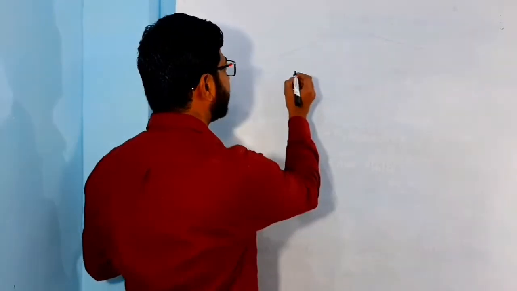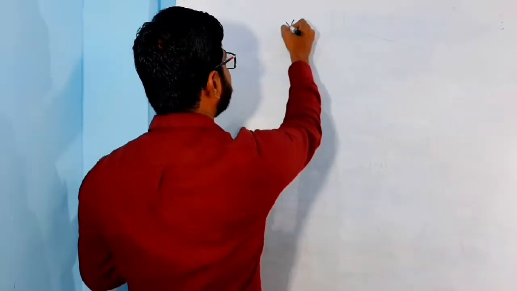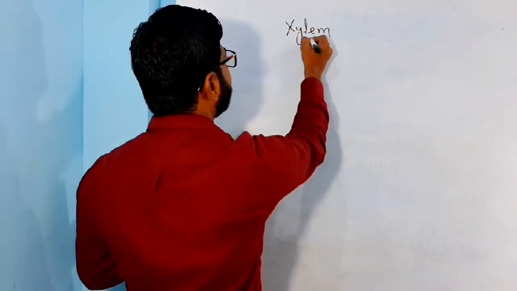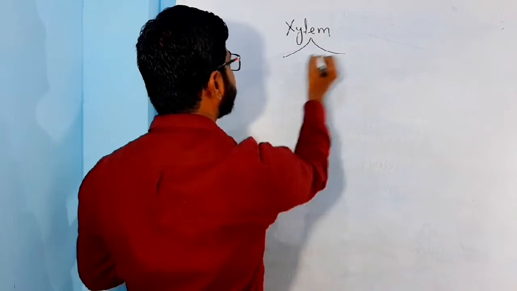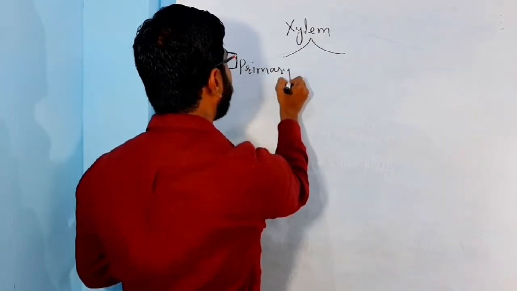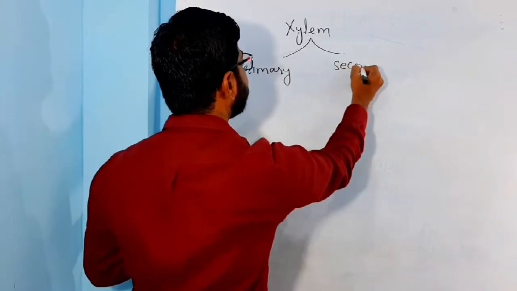In this video, we are studying about the types and arrangement of the vascular bundle. Vascular bundle, let us consider about the xylem. There are two types of xylem, primary xylem and secondary xylem.